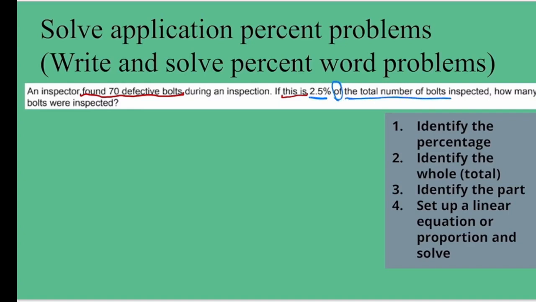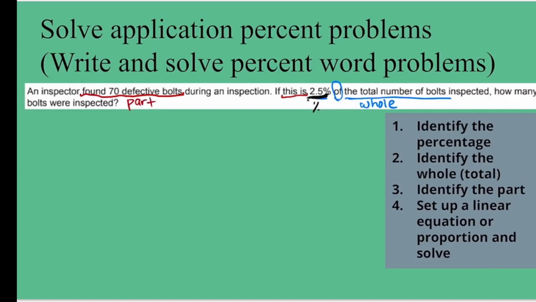How many bolts were inspected? Well, I found my percentage, 2.5%. So I'm good there. The whole is always connected to the of. So in this case, it actually tells you it's the total. So that's your whole or your total. And that means the 70 has to be the part.